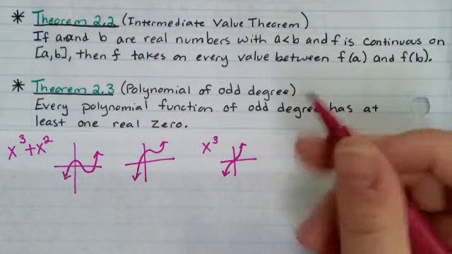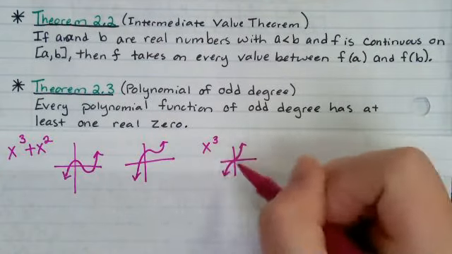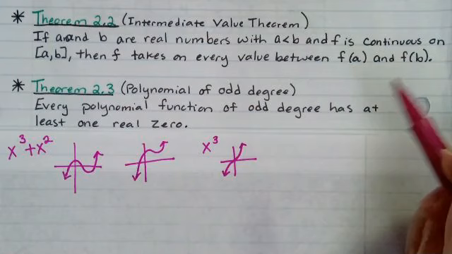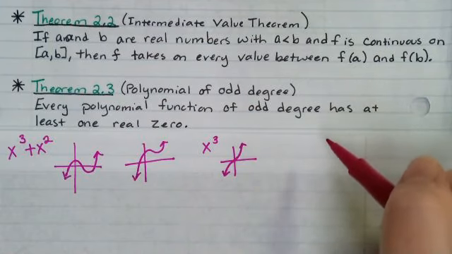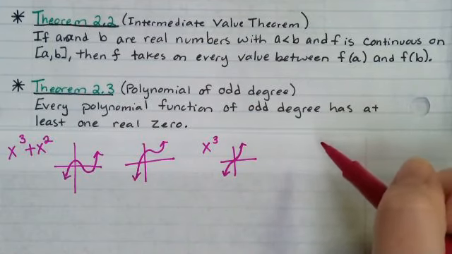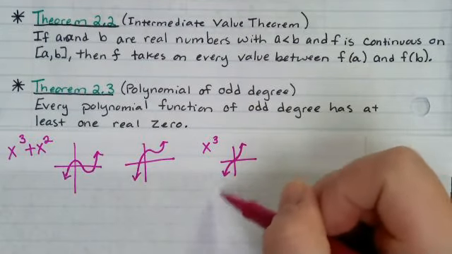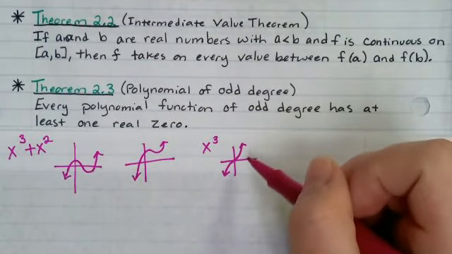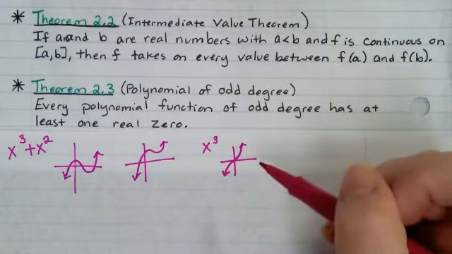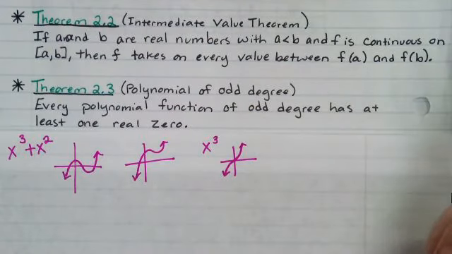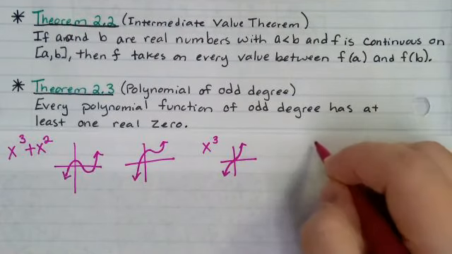So in some situations there would only be 1 zero, but here's the thing: every polynomial function of odd degree has at least one real zero. There's no way that this thing could go down forever and up forever and be continuous without actually hitting the x-axis somewhere.